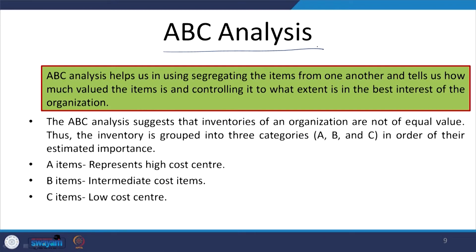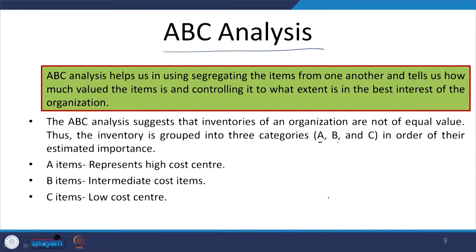Now, what we do in ABC analysis is that we divide all our storehouse items into three categories A, B and C. We divide all our stock items into three categories and these three categories are done on two criteria. A items are those items which are our high cost centers and they are low in numbers.